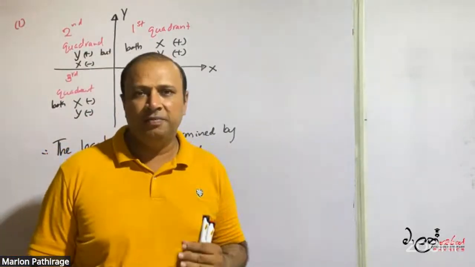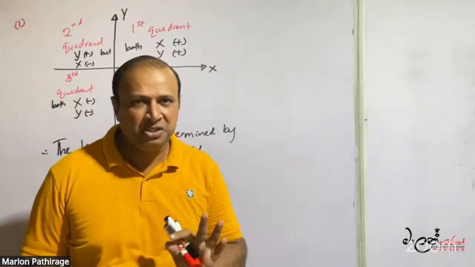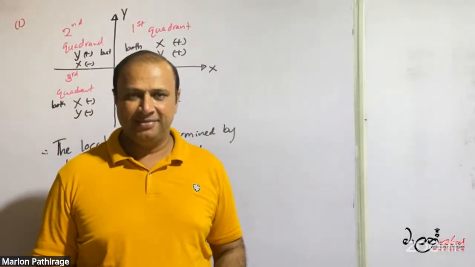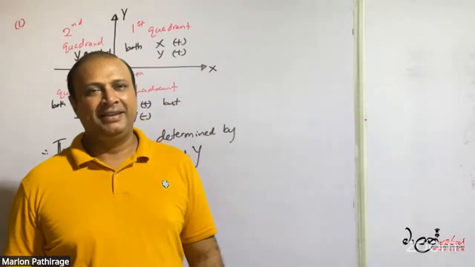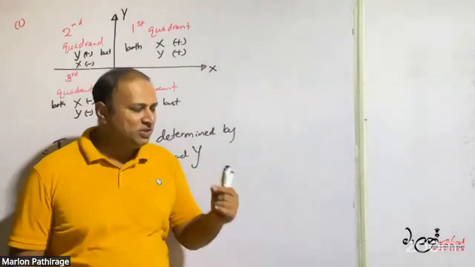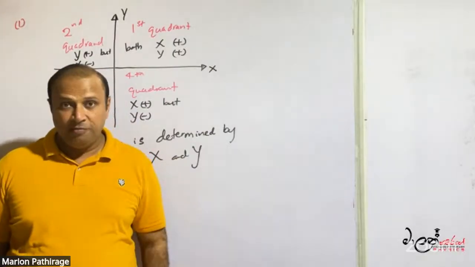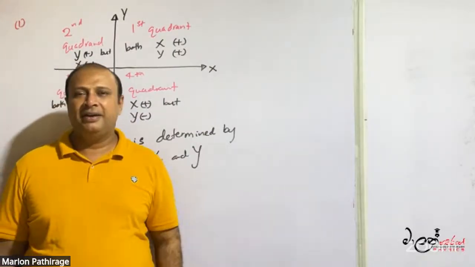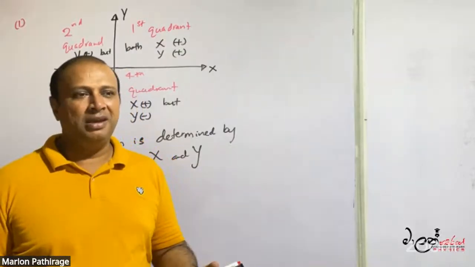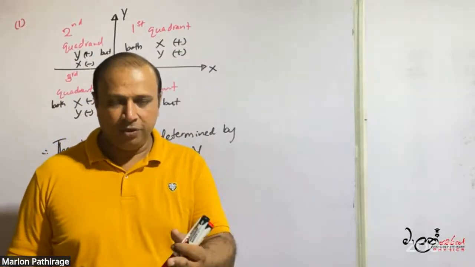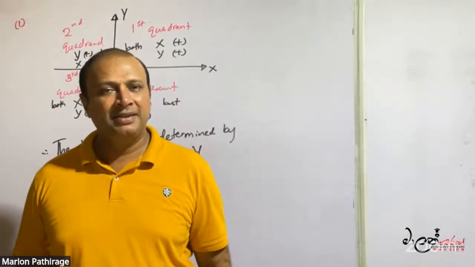You have to determine the positive or negativeness of x and y only. Then, once you determine the location, you have to determine the shape, because we cannot draw arbitrary shapes.